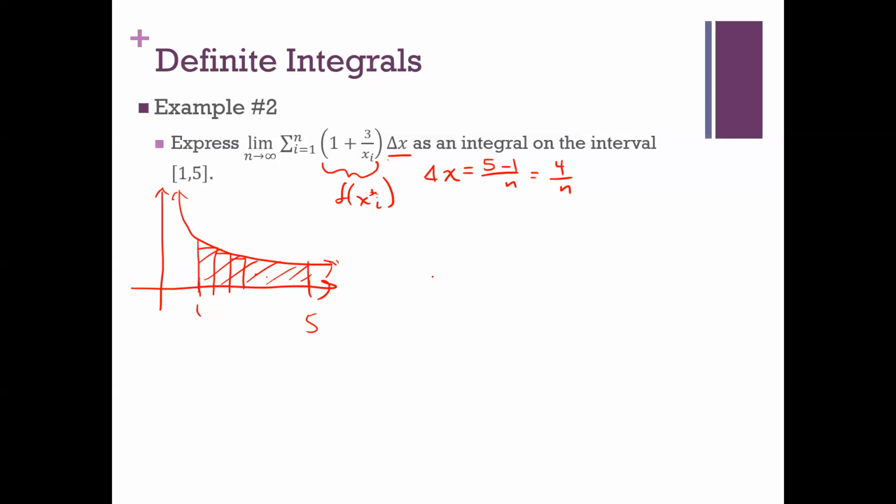then what I'm really looking at is this: the definite integral from a to b of the function with respect to x. What are a and b in this case? 1 and 5. What's f of x? 1 plus 3 over x. Almost 1 plus 3 over x. Why am I dropping the i?